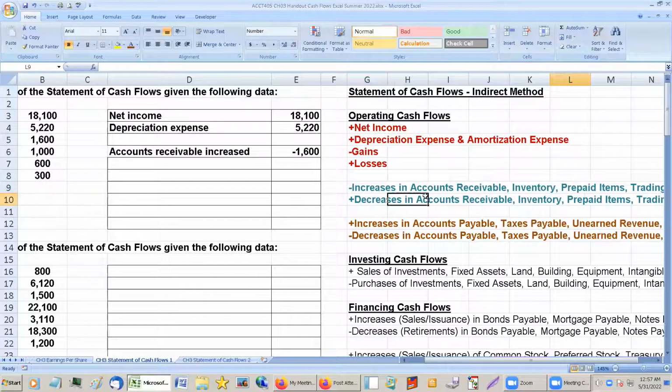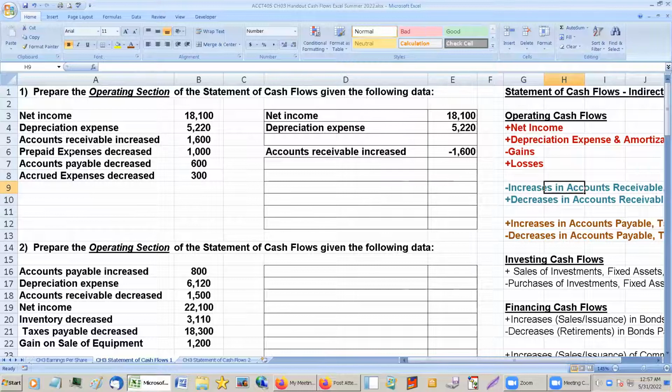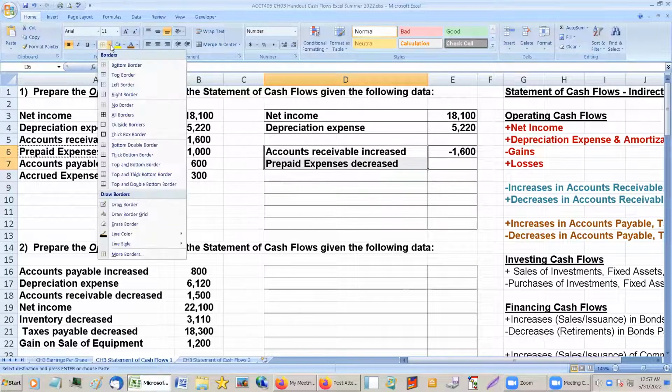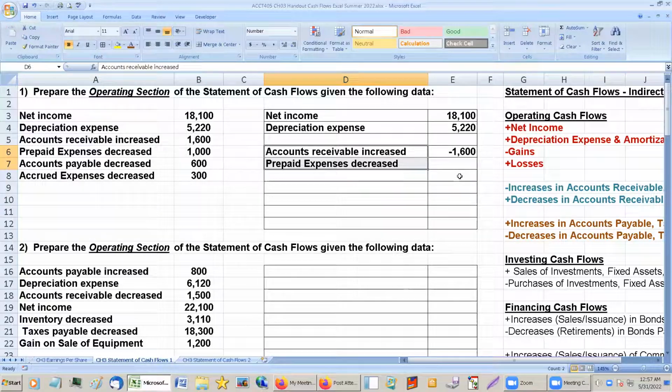Prepaid items are here. So if you prepay something in advance, it's an asset. It decreased, so it'll go in the opposite direction.